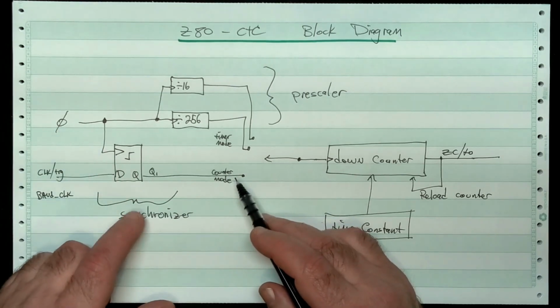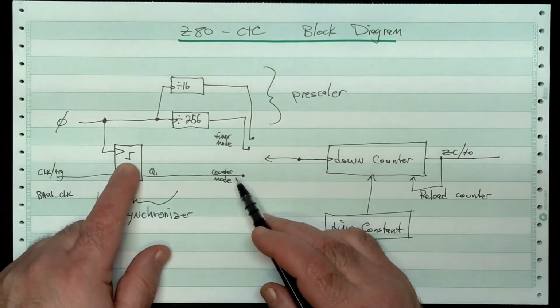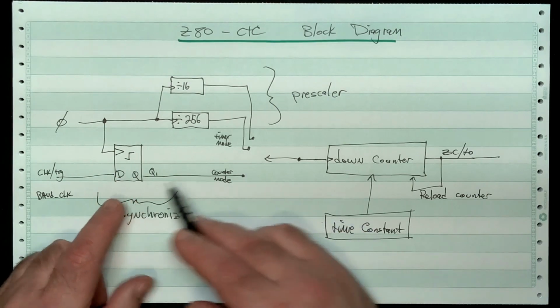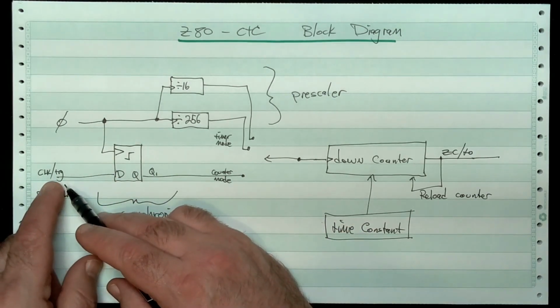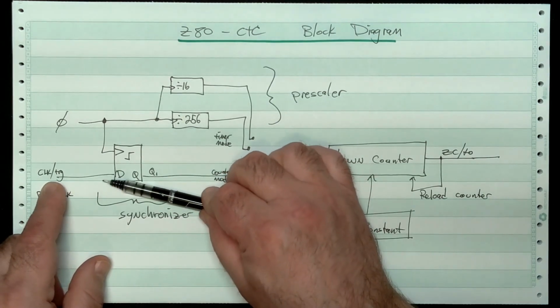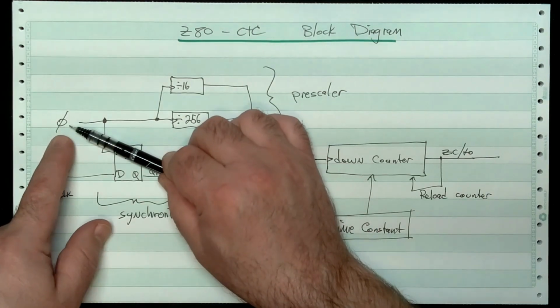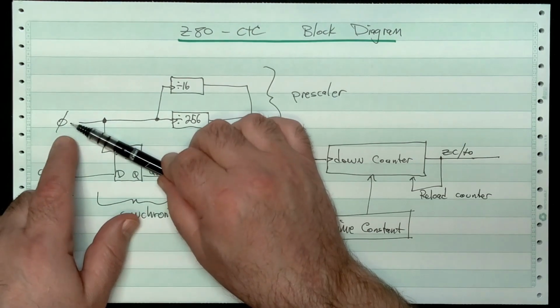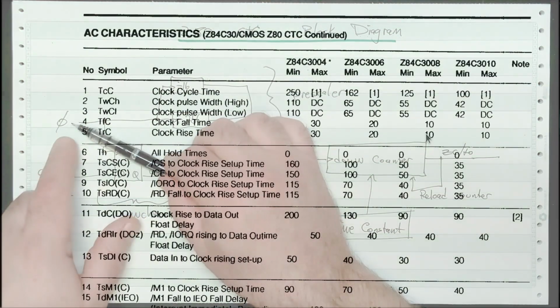Now, because of this, by the way, we need to make sure that the clock trigger input to the CTC is never more than half the frequency of phi. If you dig through the spec sheets, that's in there.